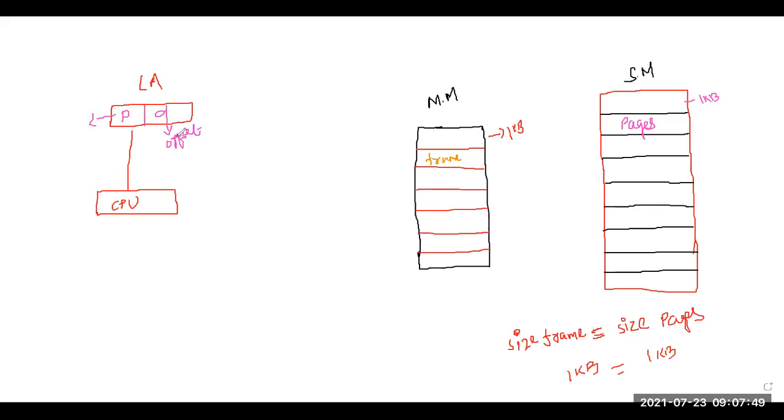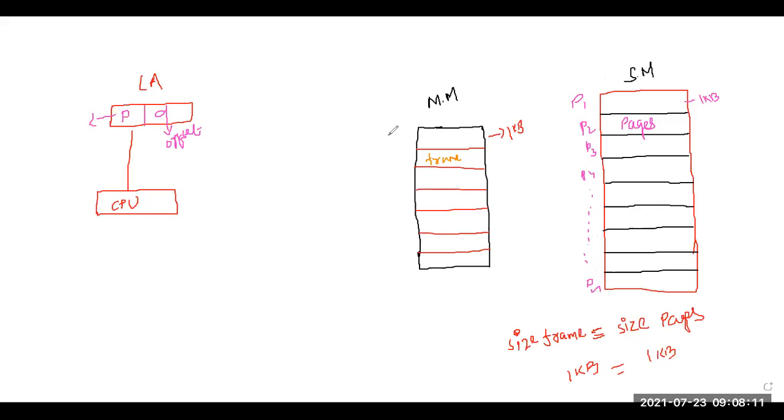Now suppose the CPU generates an address. The page numbers will be like this: this is my page 1, this is my page 2, this is my page 3, this is my page 4, and it will continue like this up to something like page 10.